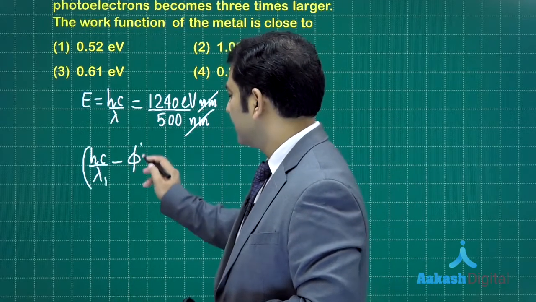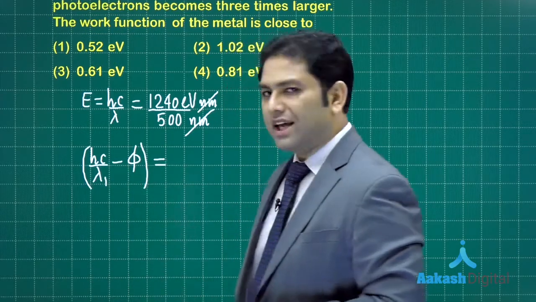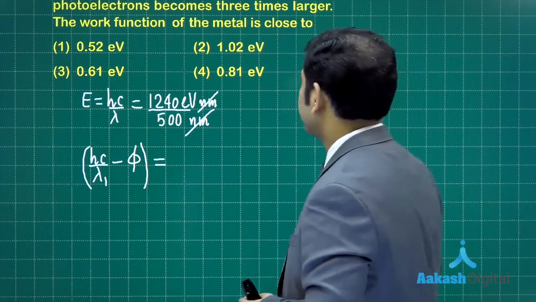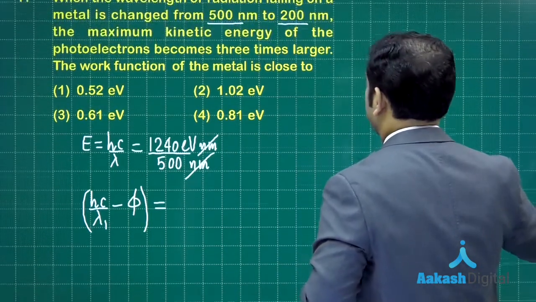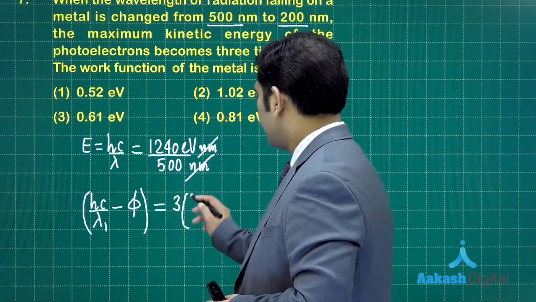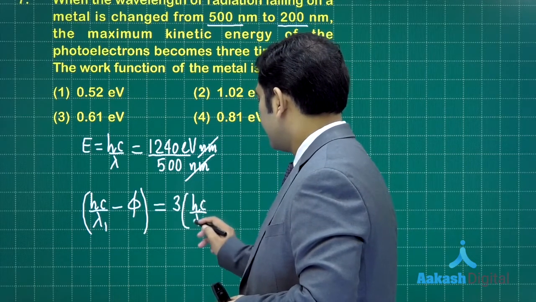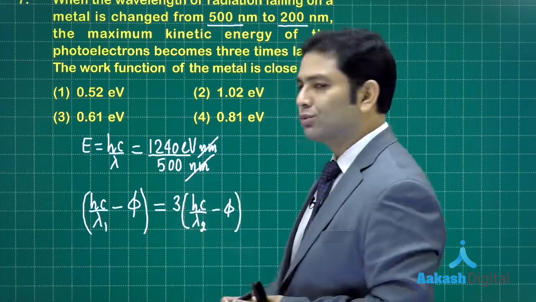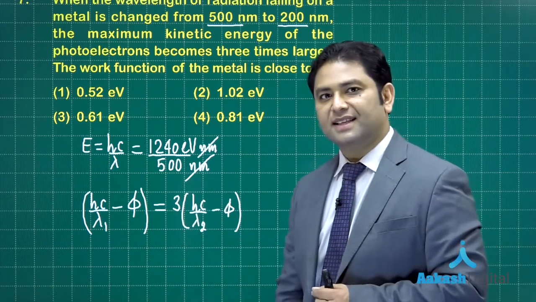On changing the wavelength to lambda 2, the K max has become 3 times, right? So that's going to be 3 of hc by lambda 2 minus the work function. The work function would remain the same because the metal is the same.